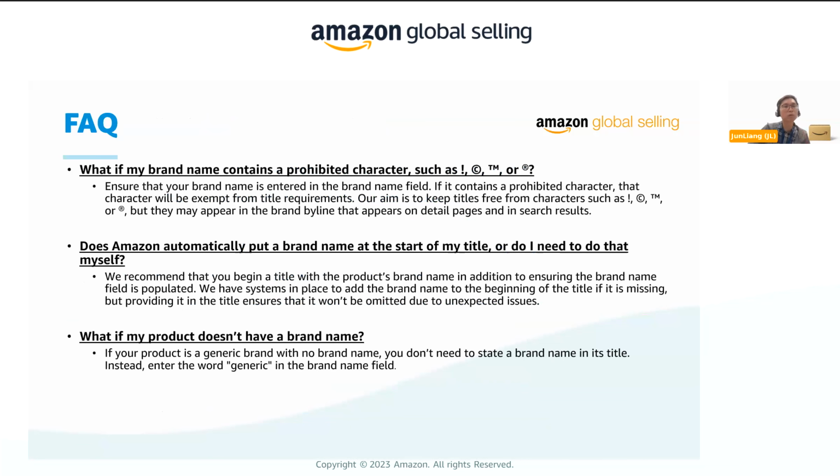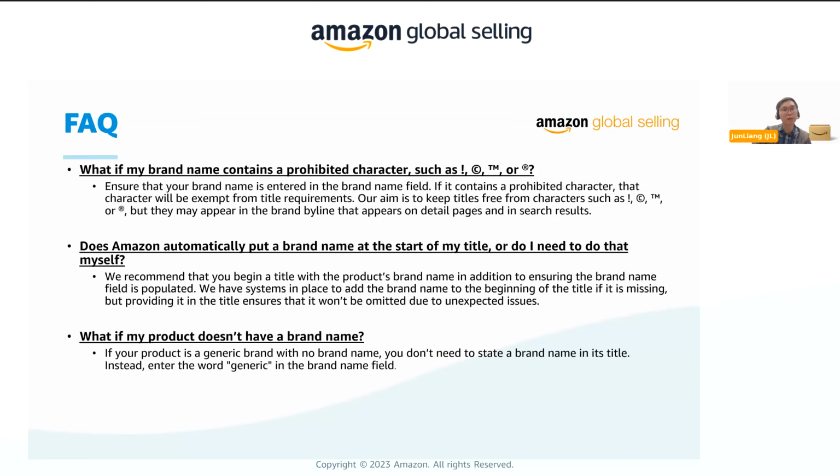I will go through a few FAQs before I move on to the questions from the registrants. One of the common questions we see is: what if my brand contains a prohibited character like an exclamation mark, TM, etc.? When you're doing your listing, ensure your brand name is entered in the brand name field.